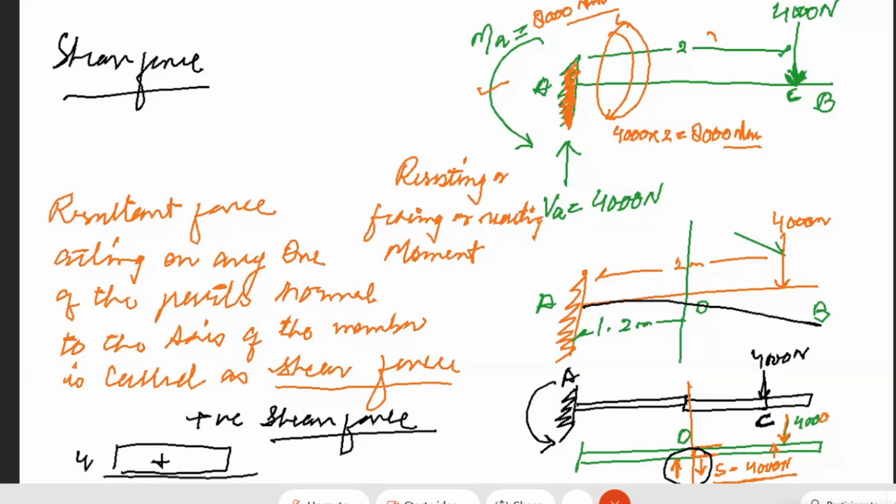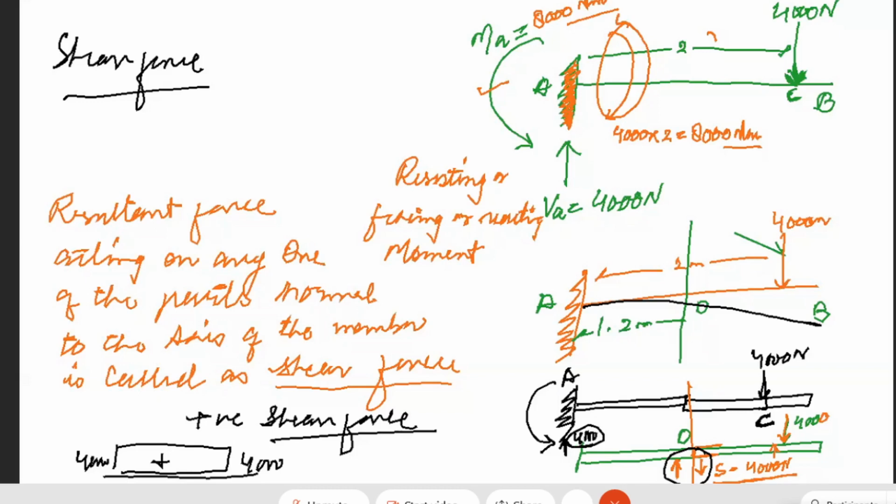The maximum will be 4,000 at this point, and 4,000 at this point. It will be a rectangular case. The variation of shear force is the same on the other side because we have a reaction. How much is the reaction? The reaction is also 4,000 in this case, and the load is also 4,000. Therefore, the shearing force is 4,000 at any point between A and C.